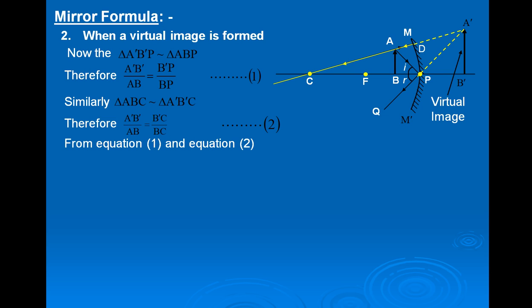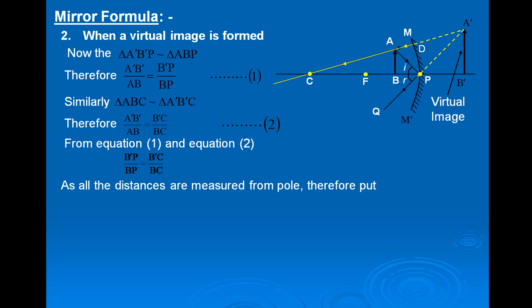From equation 1 and equation 2, the left hand side is the same. Therefore, B dash P upon BP is equal to B dash C upon BC.